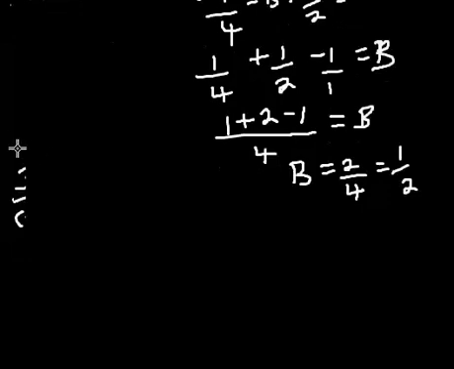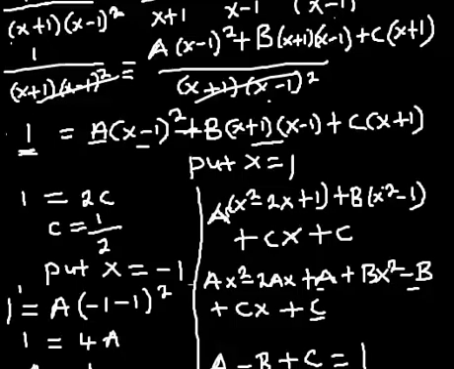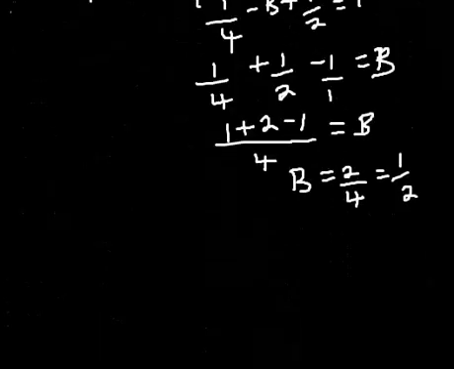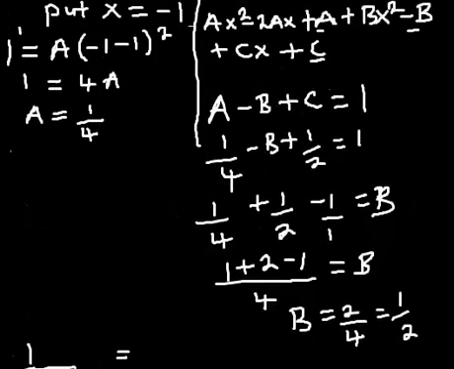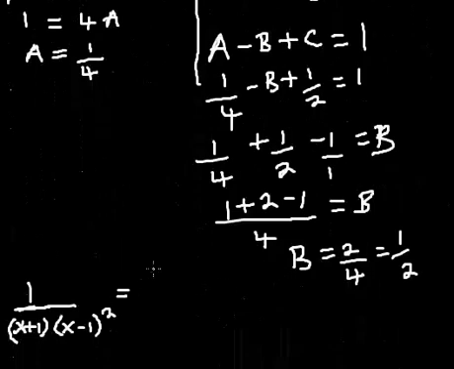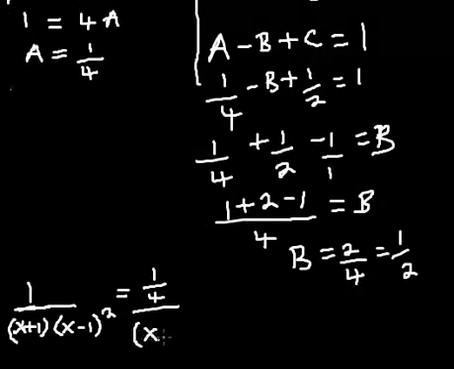So invariably now, having gotten my a, b, and of course c, I can simply say that what was my original partial fraction, 1 all over x plus 1 times x minus 1 all squared, is equal to, what is my a? 1 all over 4, 1 all over 4 all over x plus 1, then plus b.